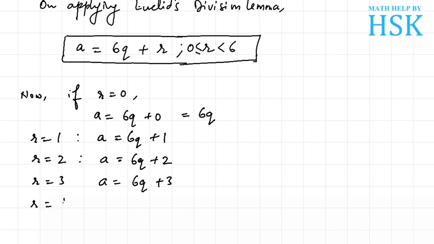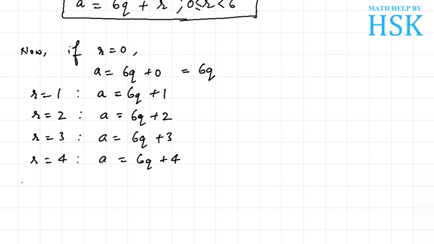If r is equal to 4, then a is equal to 6q plus 4. If r is equal to 5, then a will be equal to 6q plus 5, and we have written here all the possibilities for the value of r from 0 to 5.